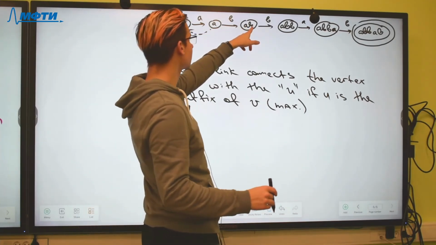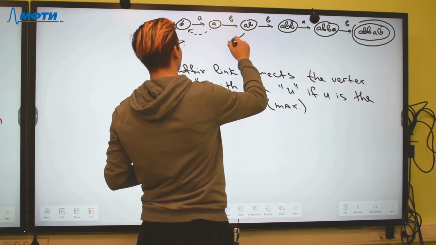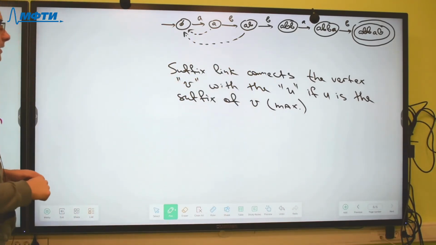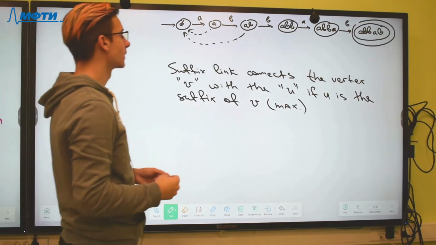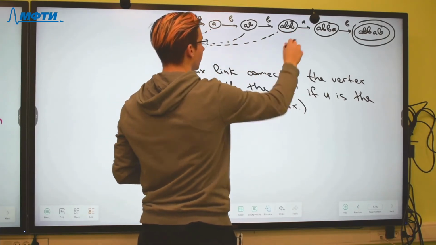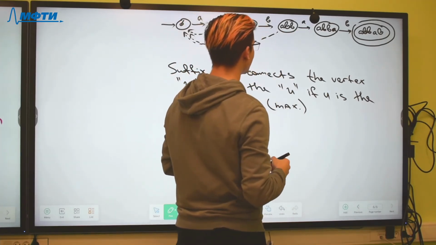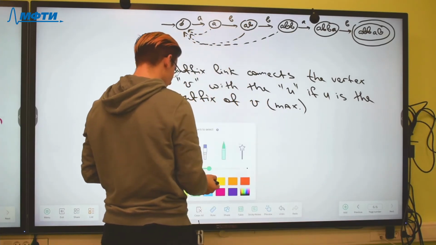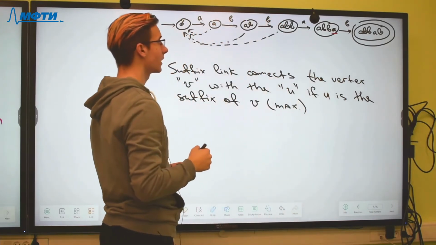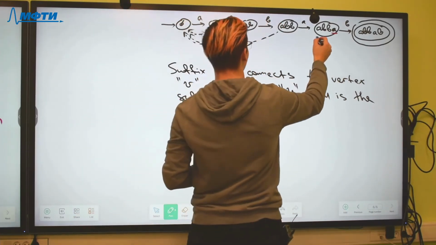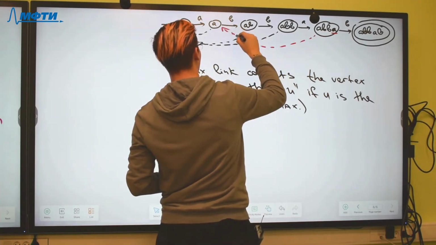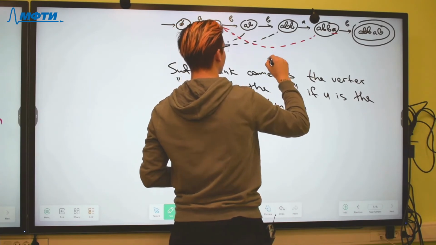For this word, I cannot find a prefix of x that is a suffix of it. Here too. For this word, I find the suffix a, and so I write here the suffix link between this word and this word.